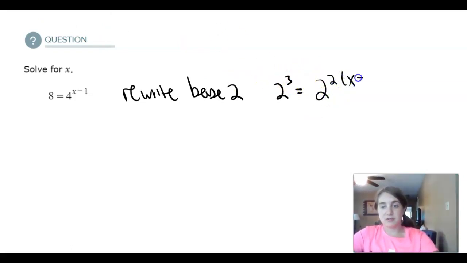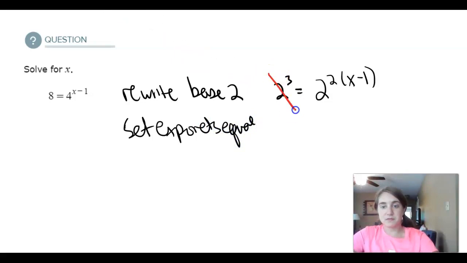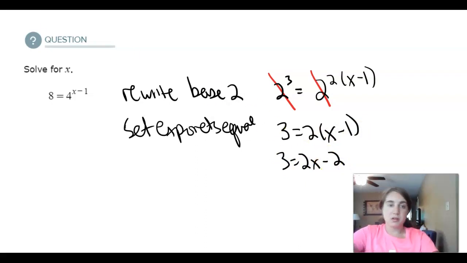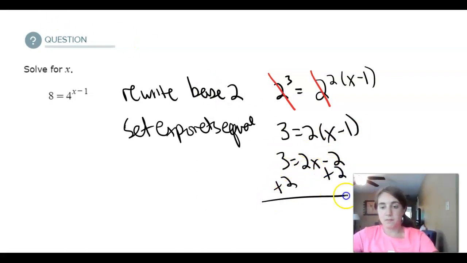Two squared is 4. Then I can set exponents equal, and then I can just solve for my x.